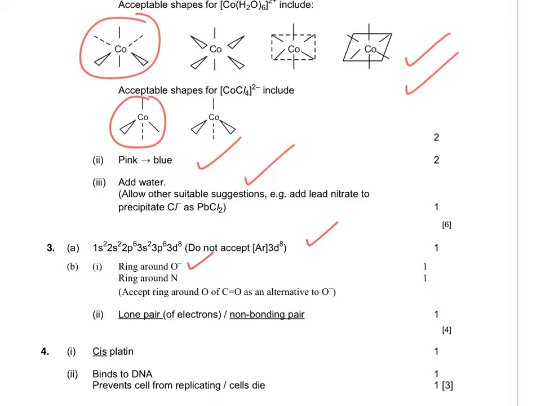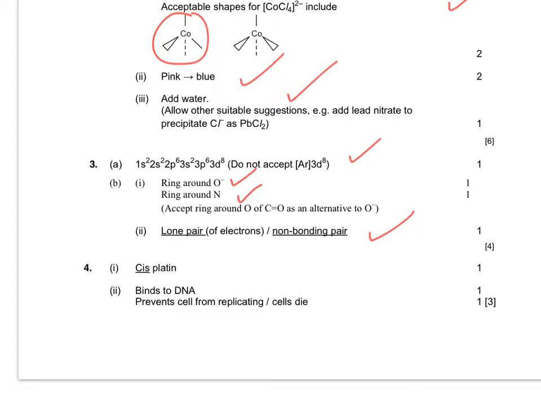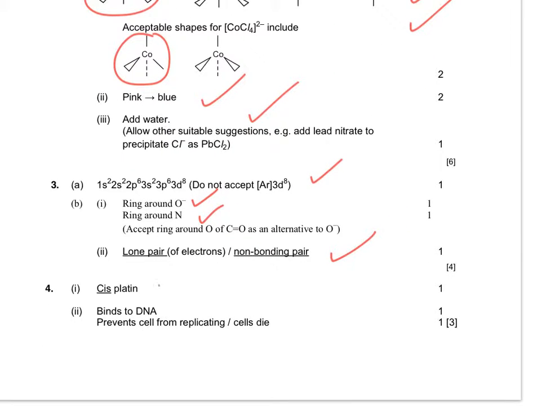The oxygen and the nitrogen had a ring around them, and we had a lone pair of electrons that were available to be donated to a coordinate bond, didn't we? So we put that down as well. We said cisplatin, and it binds to DNA and prevents the cell from replicating. We mentioned the DNA, it interferes with the ability of the DNA to replicate.